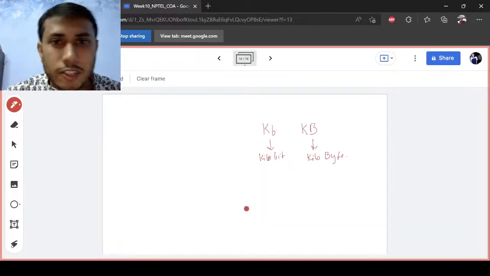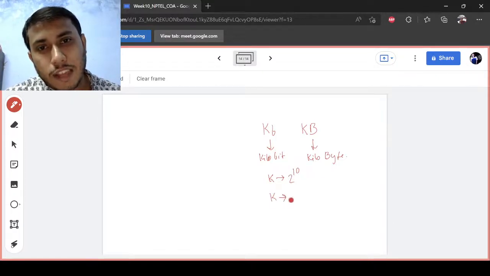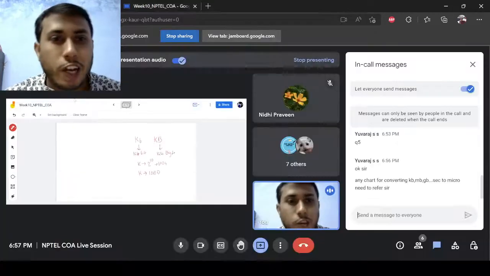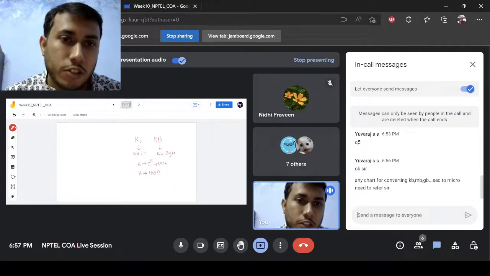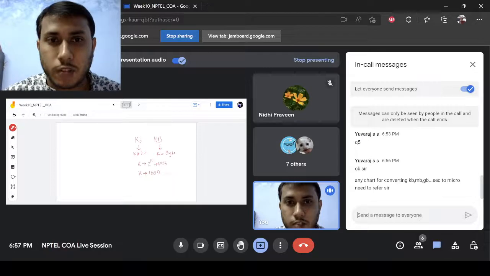Another beauty is this: some treat this K as 2 to the power of 10, some treat this K as 1000. If you ask me, both of them are correct. So if you write any question's answer with either 1024 or 1000, it should be given marks.